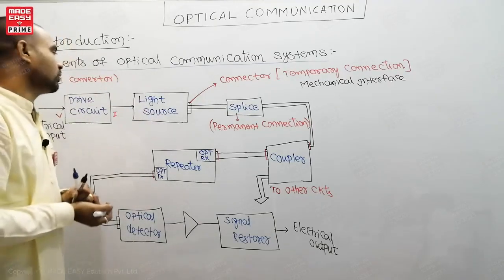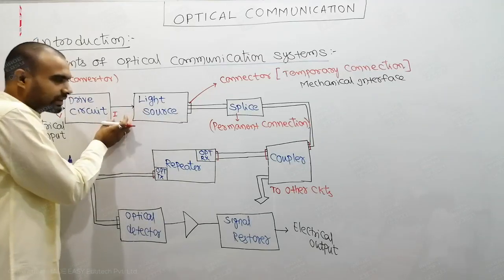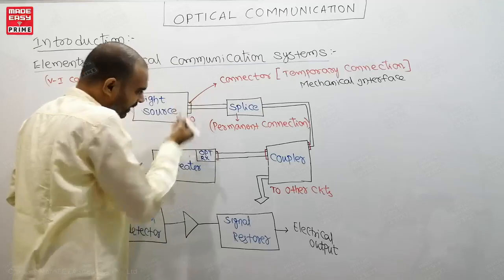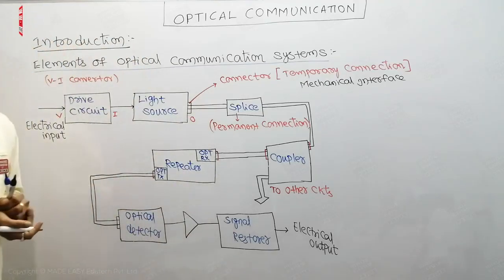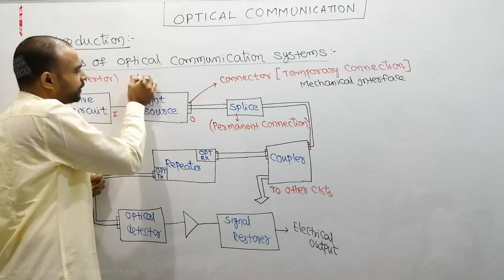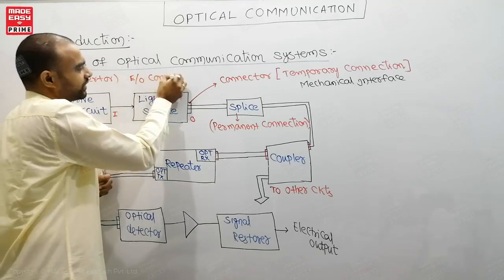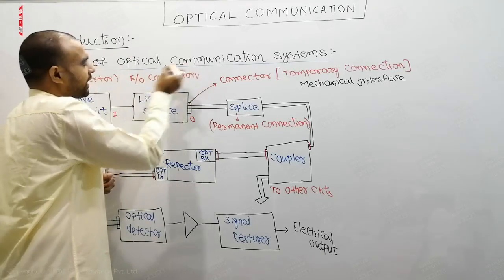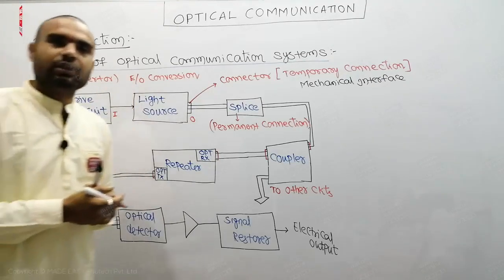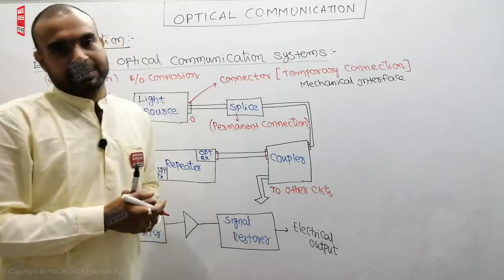The light source converts this current into the optical signal. So the light source is basically doing E to O conversion, converting the electrical signal into an optical signal.